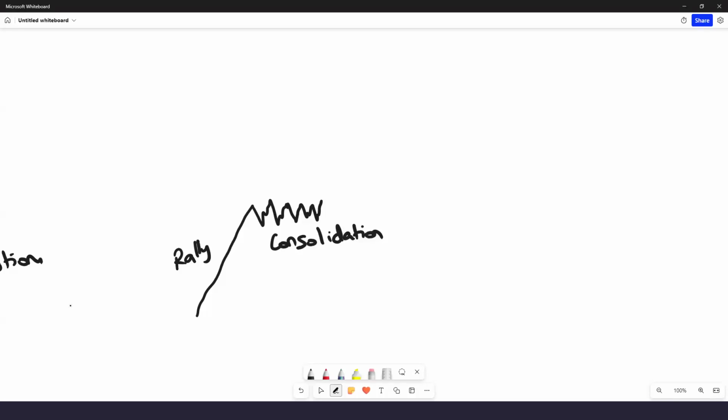And again, there will be a rally, let's say. Let me mark this consolidation zone, because these are very interesting zones from a market structure perspective.